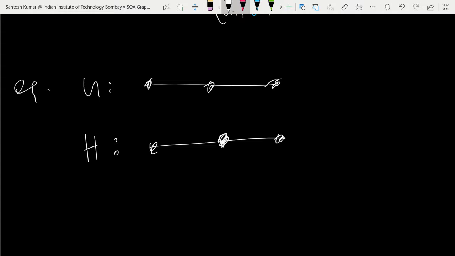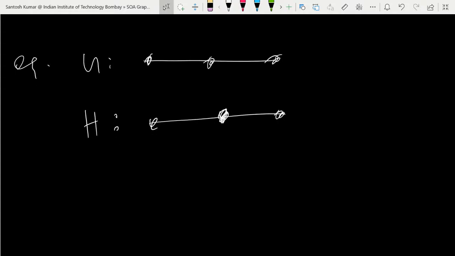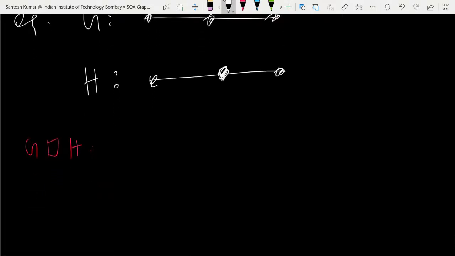Okay, both are the same. So G has 3 vertices, H has 3 vertices. So G Cartesian product H will have how many vertices? 9. It is 9. Simple. So it has 3 threes are 9 vertices.